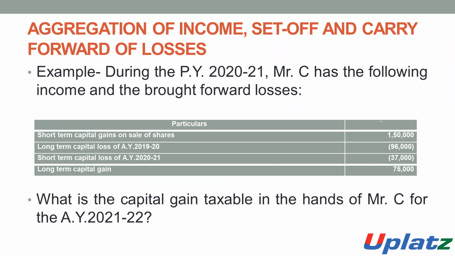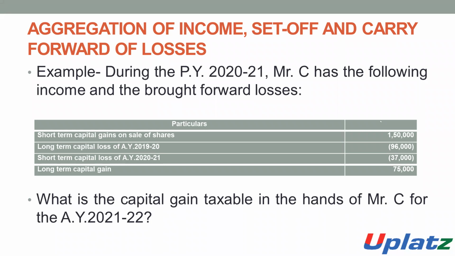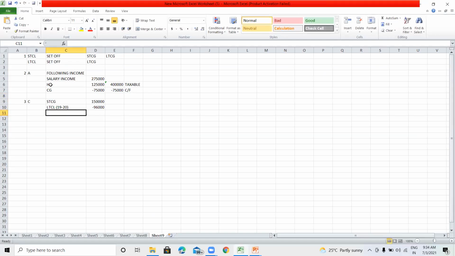Long-term capital loss for the assessment year 2019-20, means carry forward loss, 96,000 rupees. And short-term capital loss for the assessment year 2020-21, minus 37,000.